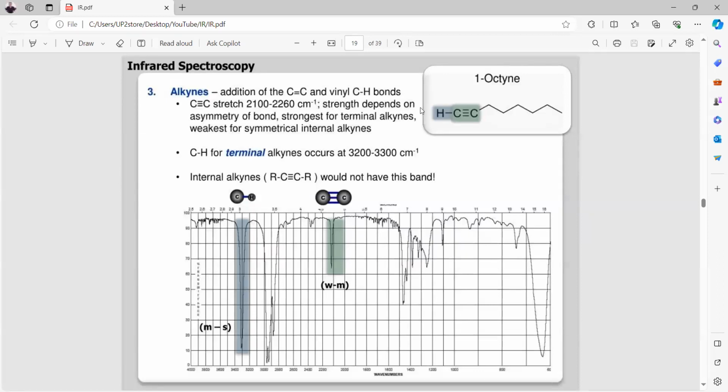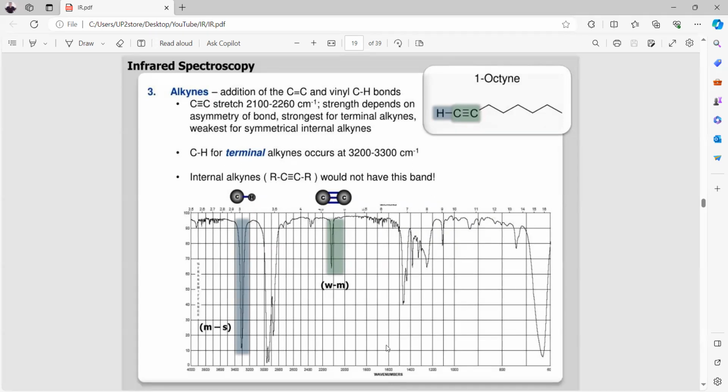The strength depends on the asymmetry of the bond, strongest for terminal alkynes and weakest for symmetrical internal alkynes. The CH of terminal alkynes occurs at 3200 to 3300 centimeter minus one. And internal alkynes, with C triple bond CR, would not have this band.